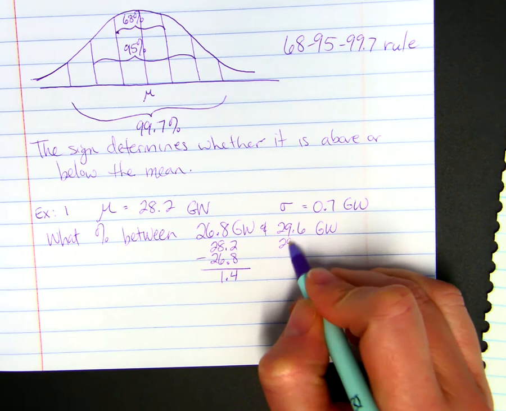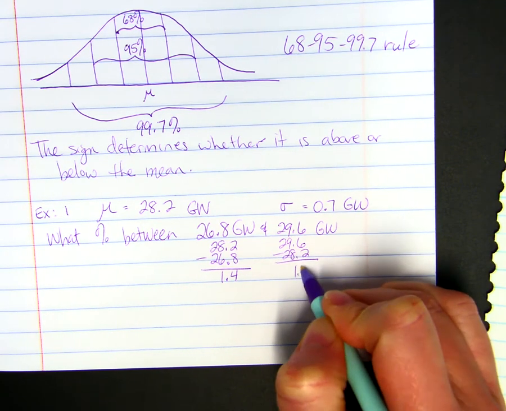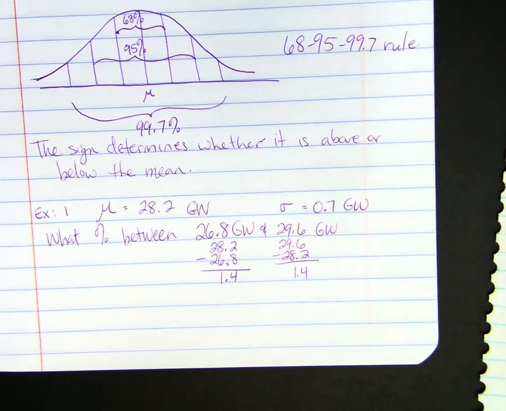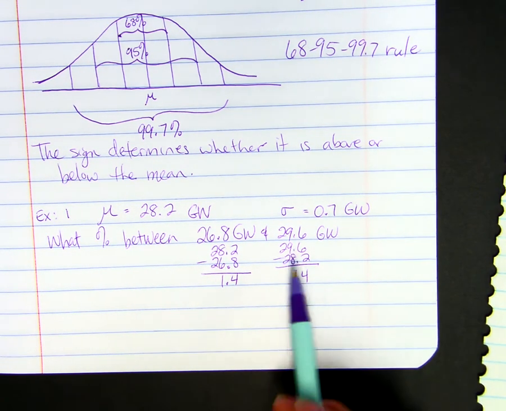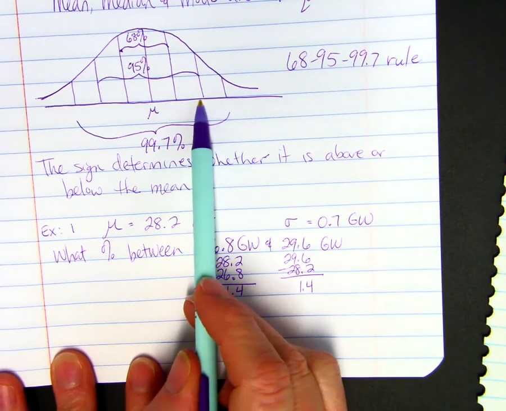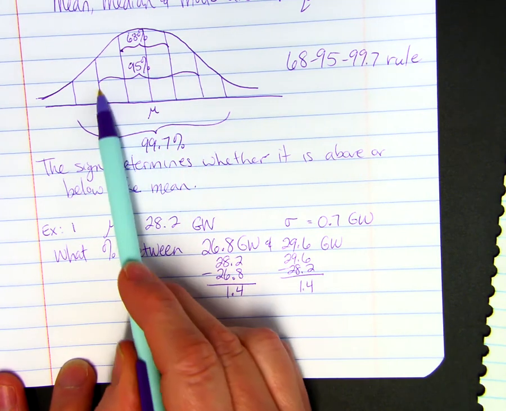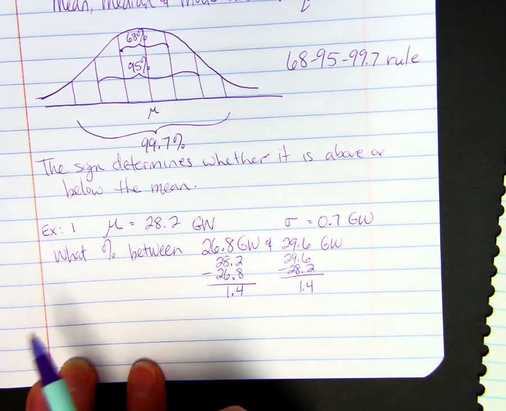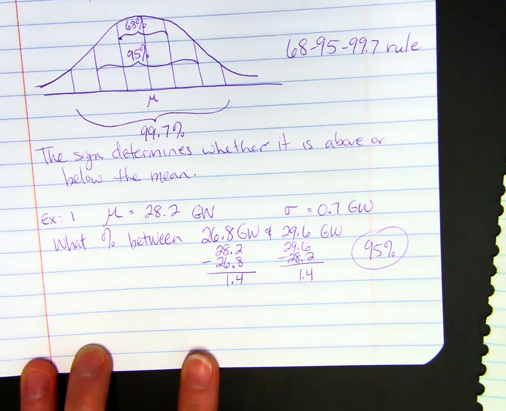And 29.6 minus 28.2 is 1.4. Every 0.7 is a standard deviation, so this is 2 standard deviations from the mean, above and below. So the percentage is 95%. That would be the answer.